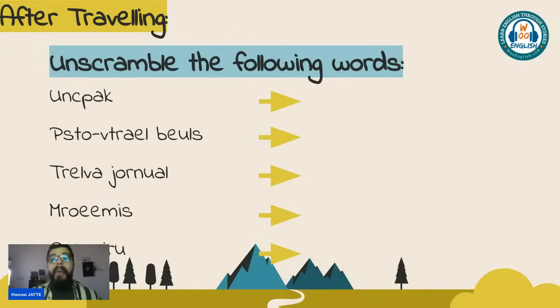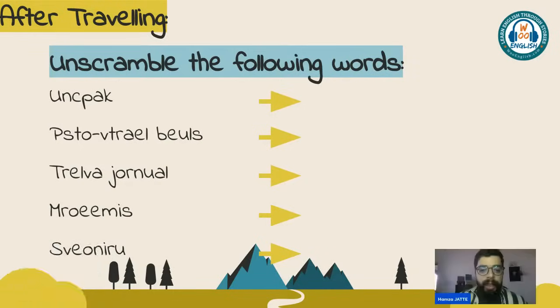Okay, now after traveling, I have for you one, two, three, four, five words related to after traveling. Unfortunately, I was putting these words in a small bag, and these words were unscrambled.